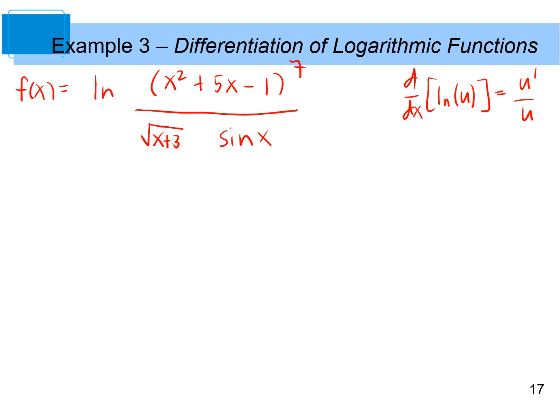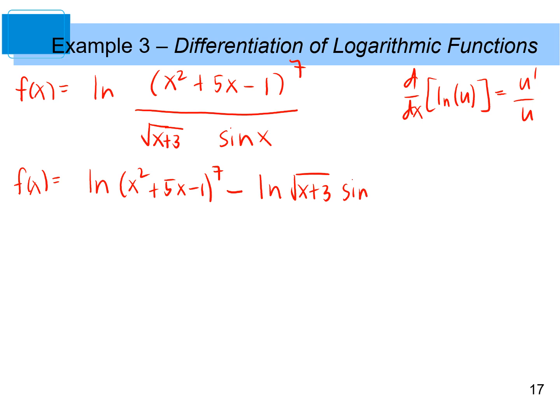So instead of directly differentiating the given, we are going to expand this first using the properties of the logarithm. We apply property 4. We separate the quotient, the numerator and denominator. So this becomes ln of (x squared plus 5x minus 1) raised to 7 minus ln of the product square root of (x plus 3) times sine x.